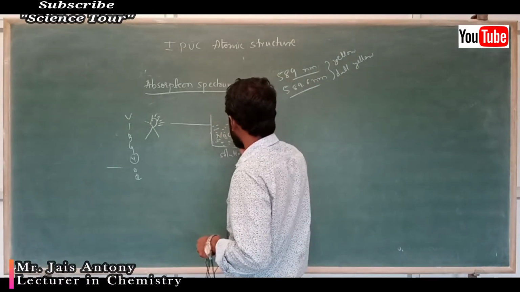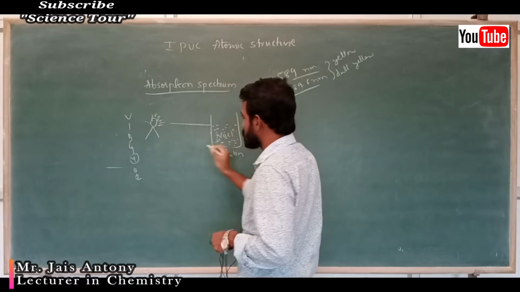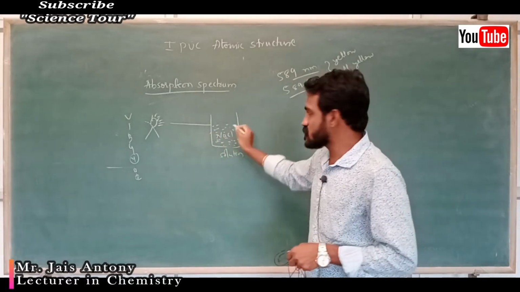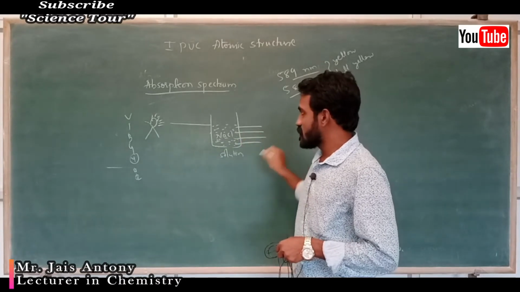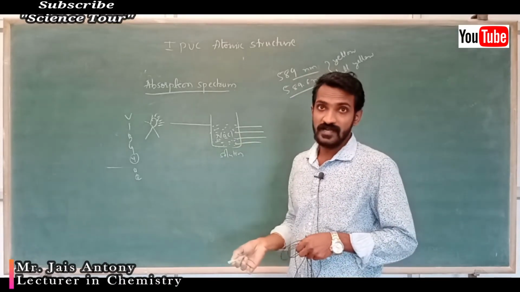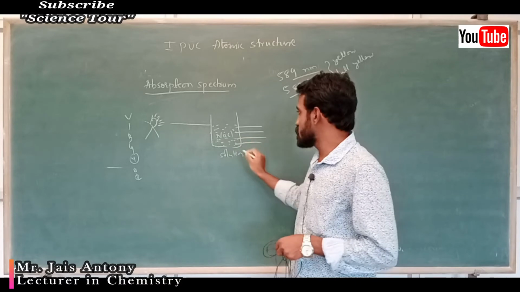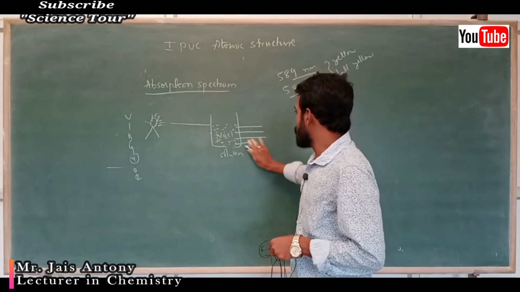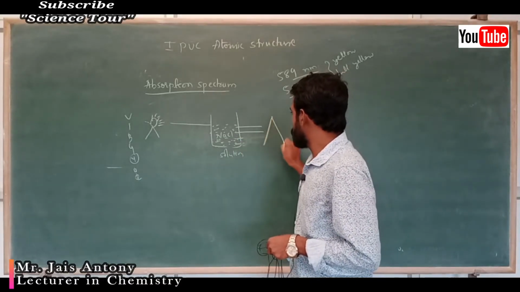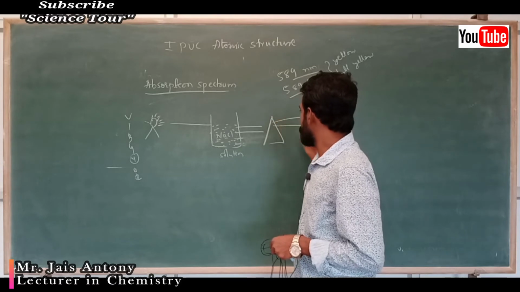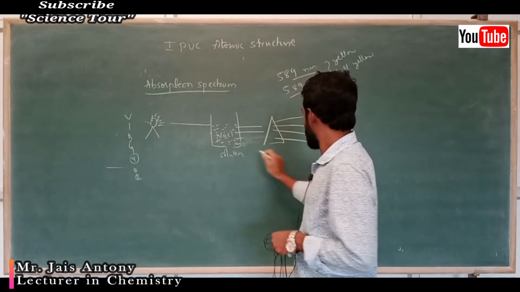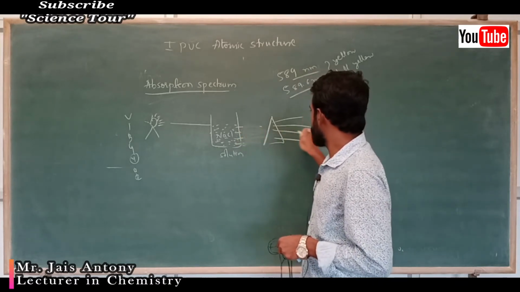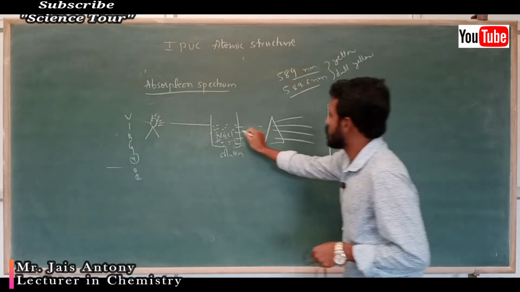After that the remaining radiation comes out, the remaining colors are transmitted, only 2 colors are absorbed. When the remaining colors pass through a prism, they give a color pattern like this.